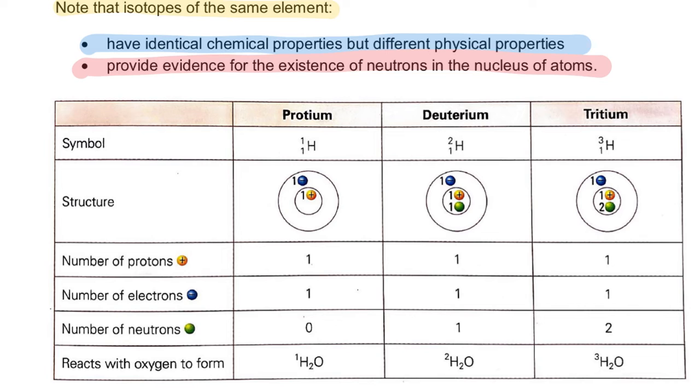So just to be explicit about it, for instance, hydrogen has 1 proton, 1 electron, and we see that if it's found in water, when it reacts with oxygen, it forms water where the hydrogen has got just 1 proton in the nucleus. Then you start to get what we call heavy water, which is used in nuclear processes.